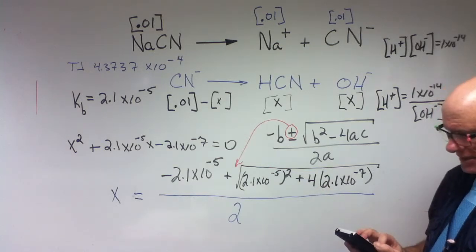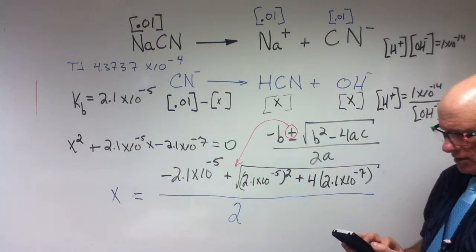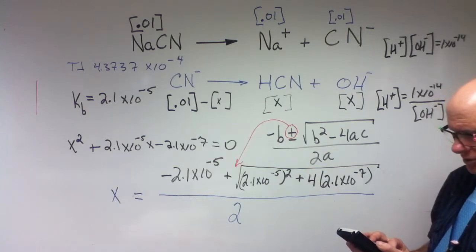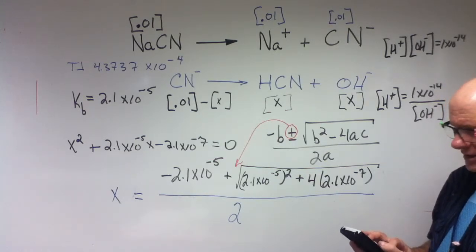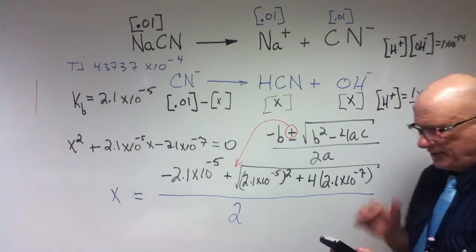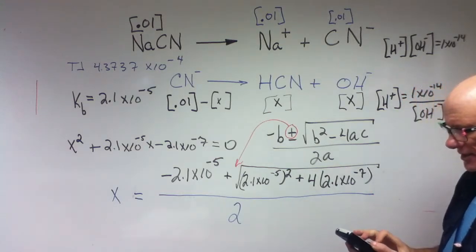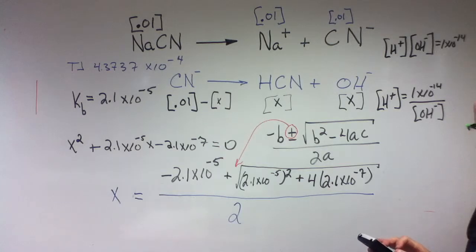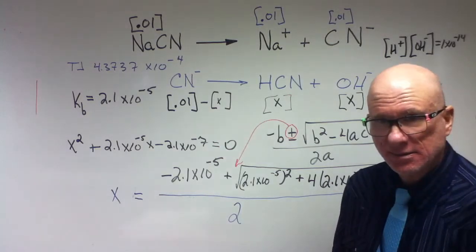And then plus, shall we use parentheses there? 4 times 2.1 second EE negative 7 and parentheses, right? Correct? Yes?